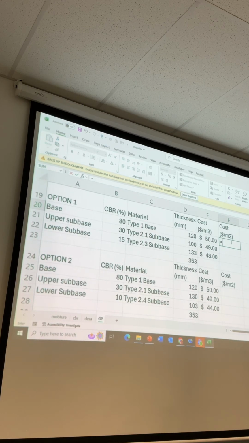I just need to multiply those two. So $50 per cubic meter times 0.12 meters is going to be equal to my cost per square meter, right? So you are going to multiply this one times this one divided by 1,000.